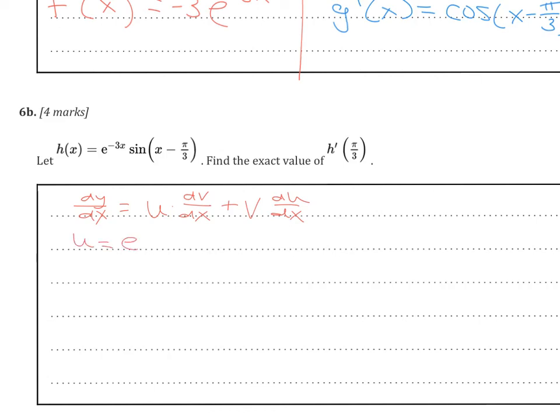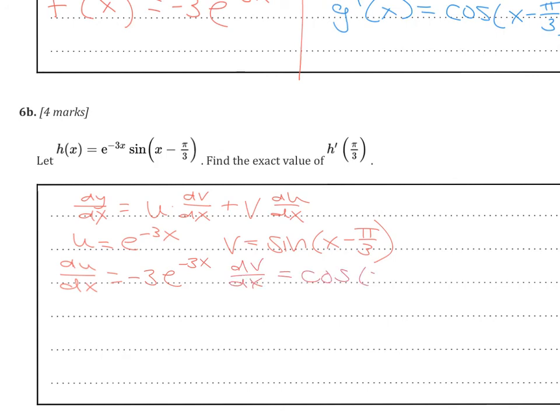So u is e to the negative 3x, v is sine of x minus pi over 3. When we go to differentiate du dx, hopefully you're not wasting your time redoing it. We did it right above here in part A, so hopefully you're just pulling that on down from part A. Same exact thing with part B. We already did it, so hopefully you're not spending your time redoing it.